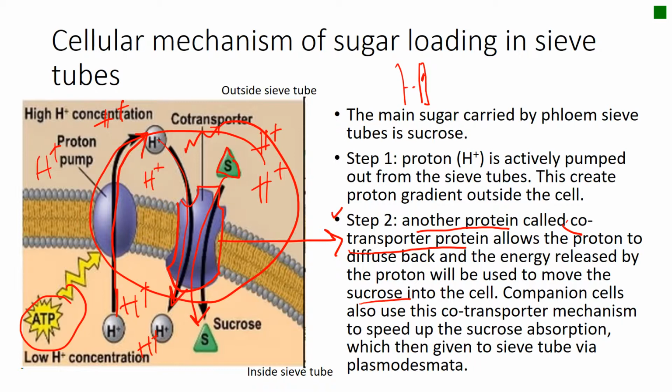However, after they have the sucrose inside the companion cells, this sucrose will be given to the sieve tubes through plasmodesmata. Alright, I hope you understand the cellular mechanism of how the active transport of sucrose happens in the sieve tube.